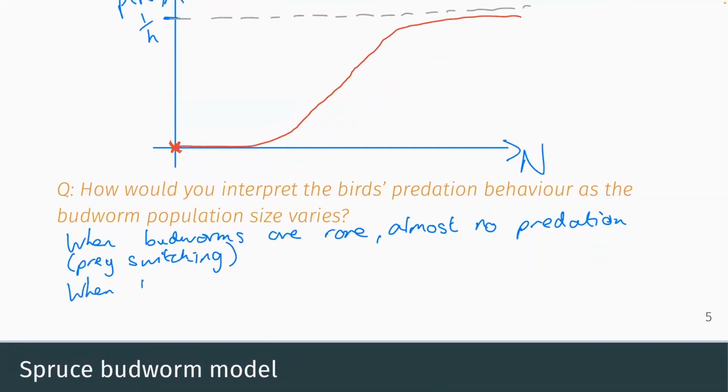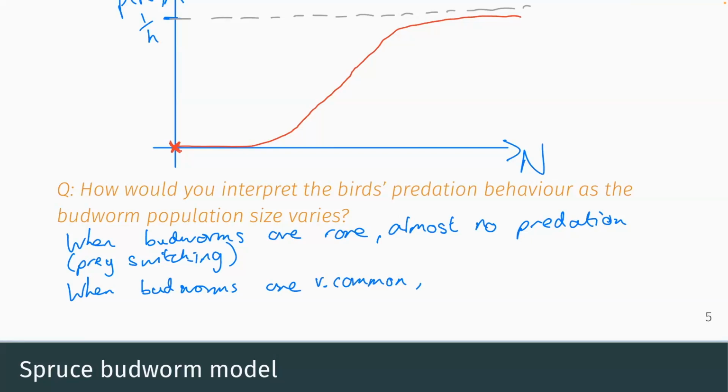What about when budworms are common? Let's say very common. So when budworms are very common, what happens? Yeah, so there's a saturation point.